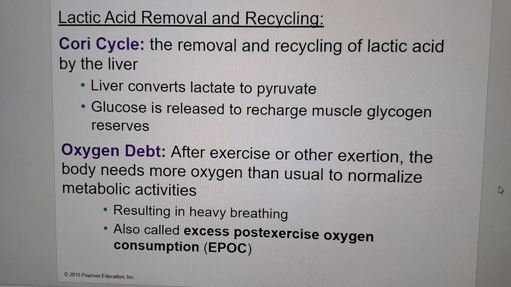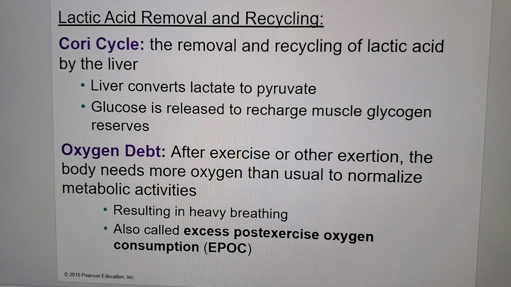The liver is going to do that. The liver will convert lactate to pyruvate. The glucose is released, and this will recharge the muscle glycogen reserves. So the body's recycling everything. When something's completely and totally worn out and unusable again, it will be excreted.